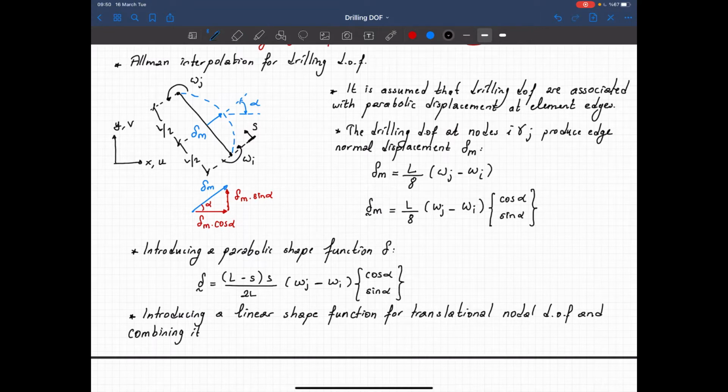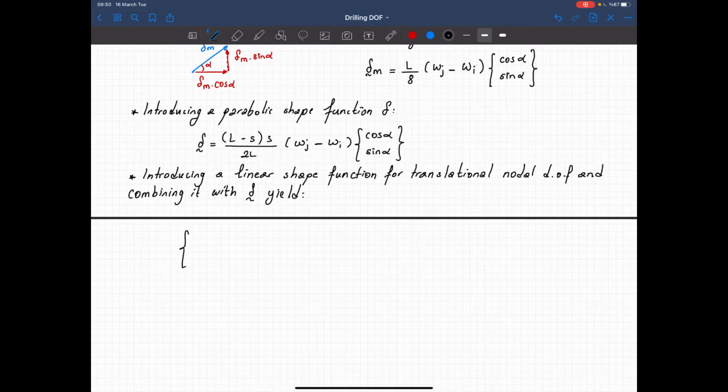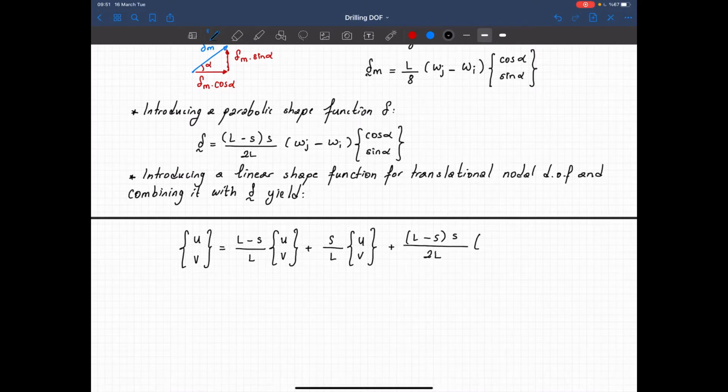So I have the displacement field as follows: u, v is equal to (L minus s) divided by L times u_j, v_j, plus s over L times u_k, v_k, plus the mid-edge parabolic displacement due to nodal rotations, (L minus s) multiplied by s divided by 2L, times omega j minus omega i, times cosine alpha and sine alpha.